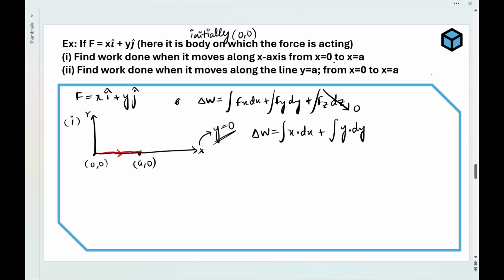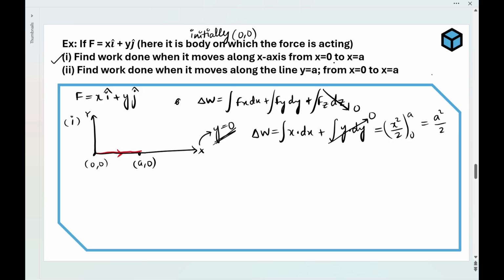For this particular question number 1, y is 0 because we are moving along the x-axis and always y is 0. So this would be directly 0 since y is 0 at any point. So y is not a variable in the first case. So that would be the direct integral of x dx, which is x square by 2, and from 0 to a, it would be nothing but a square by 2.